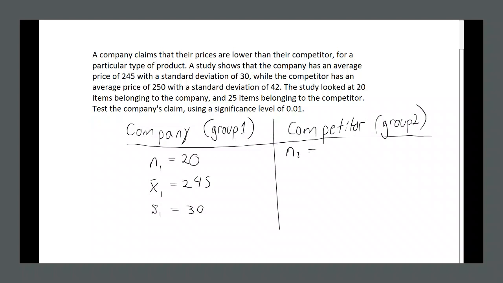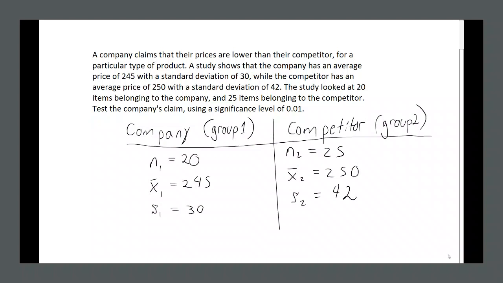For the competitor, 25 items were looked at, that's our sample size, with a sample mean of 250 and a standard deviation of 42. So we're going to be coming back to these values.